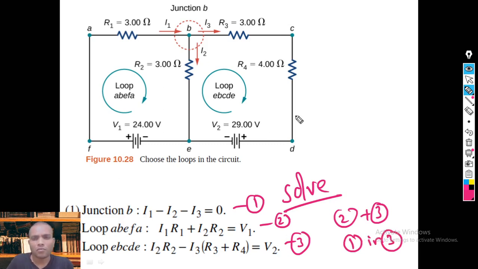So we will solve for the currents I1, I2 and I3.